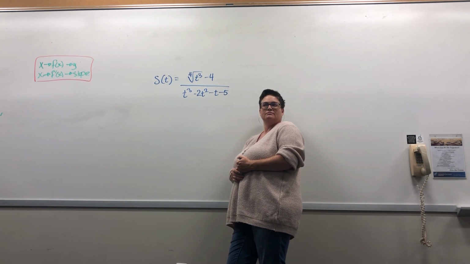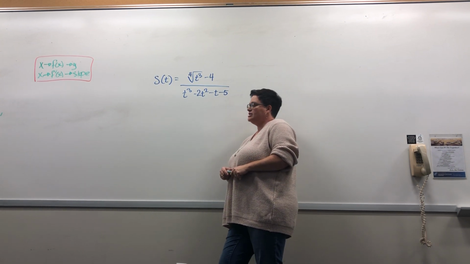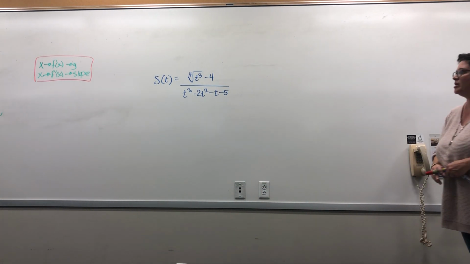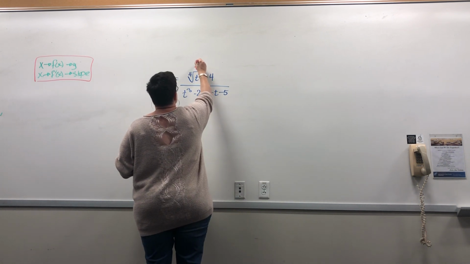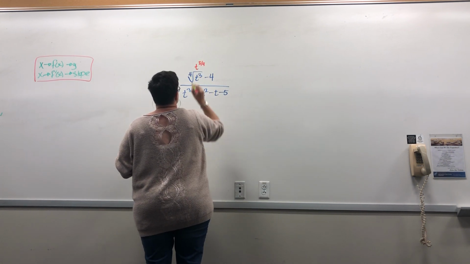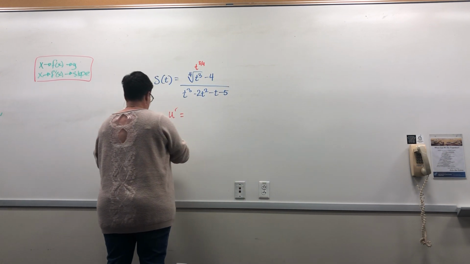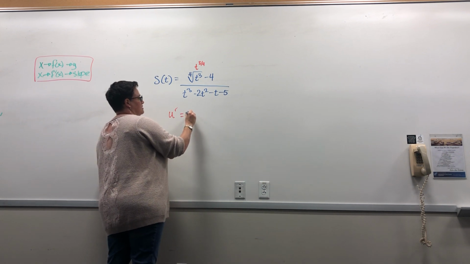Product or quotient? Is it pretty? Nope. Can you make it pretty? Yeah. What do you need to change? So square, that first term on the numerator becomes what? 2 to the 3/4. Okay. So what's my u prime going to be? I'll get you started.